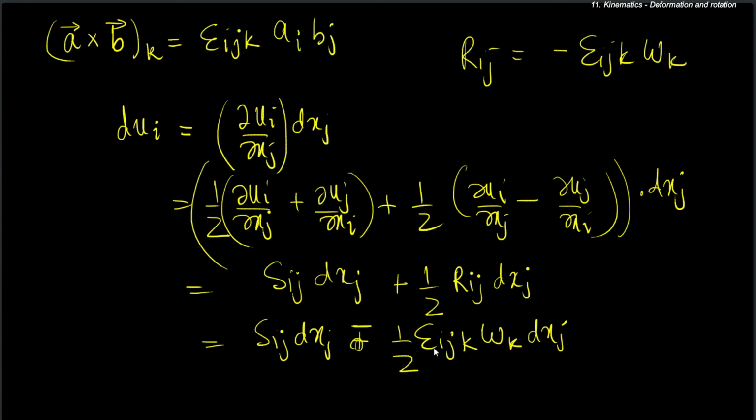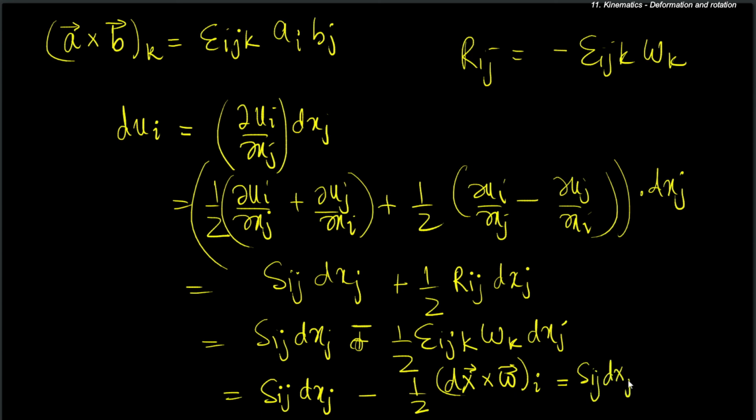So epsilon ijk omega k dxj is equal to Sij dxj minus half dx cross omega, its i component, and this is equal to Sij dxj plus half omega cross dx, the ith component of this.